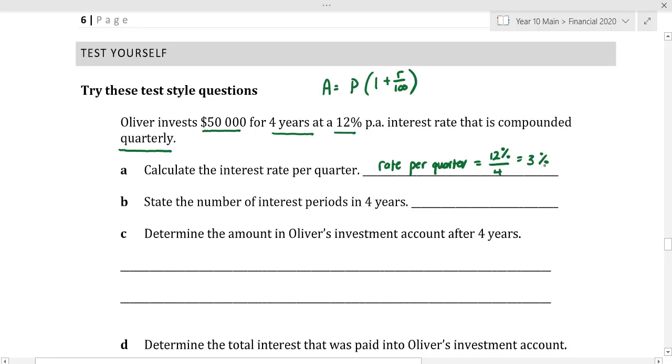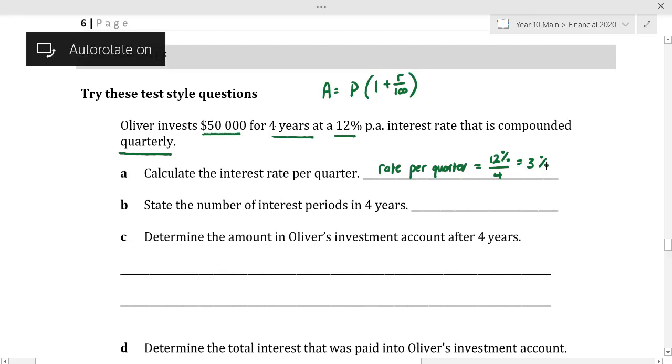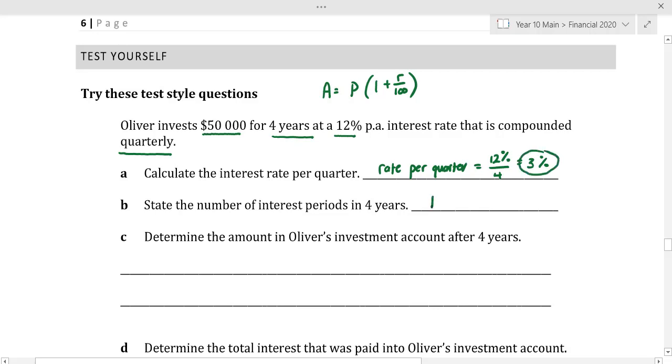All right, so if we've got the rate per quarter, then we're going to need the time period. We're going to have to know how many quarters there are. We've got 4 years, and there's 4 quarters in a year, so that's going to be 16 quarters.